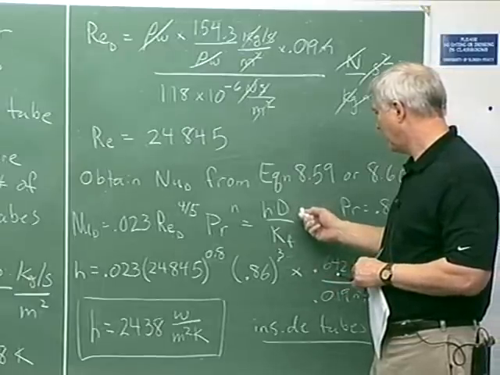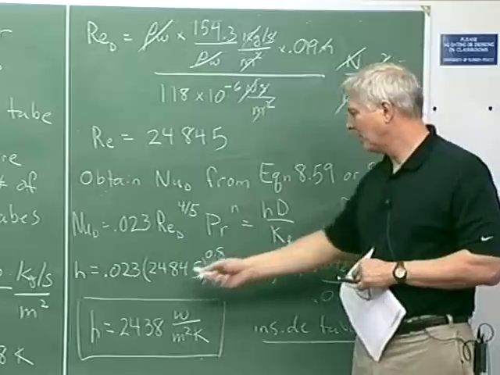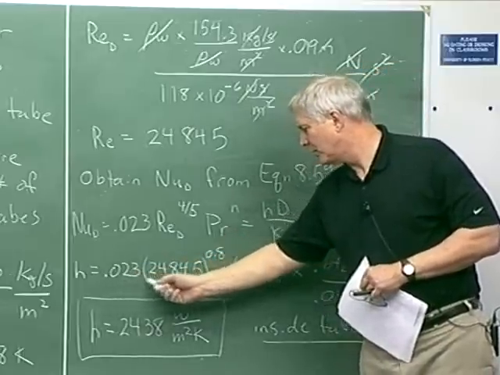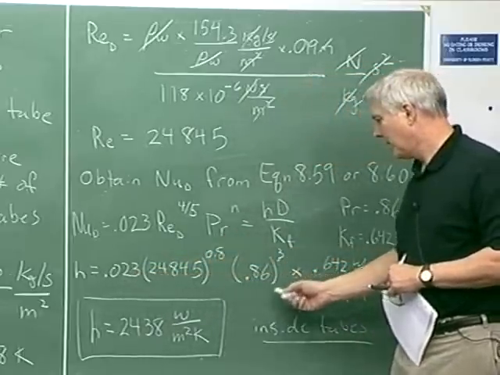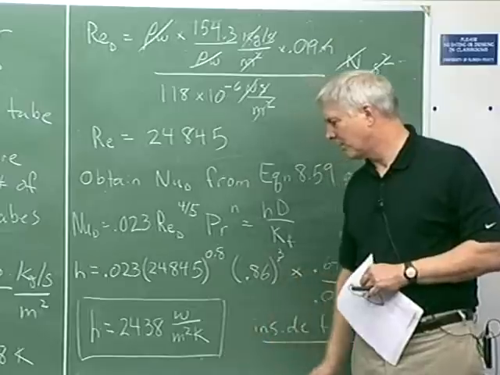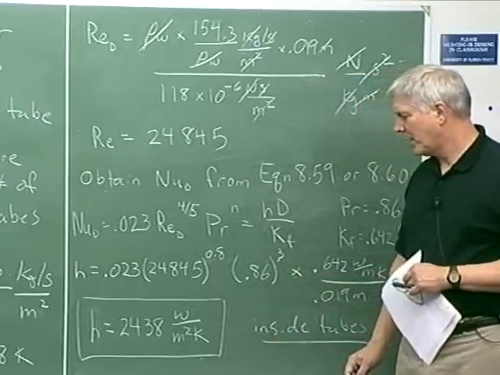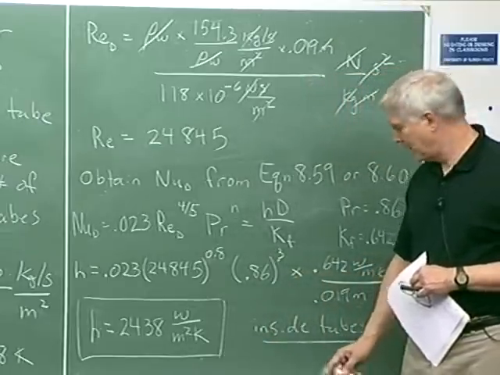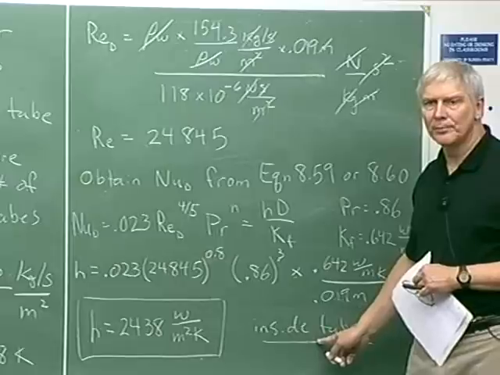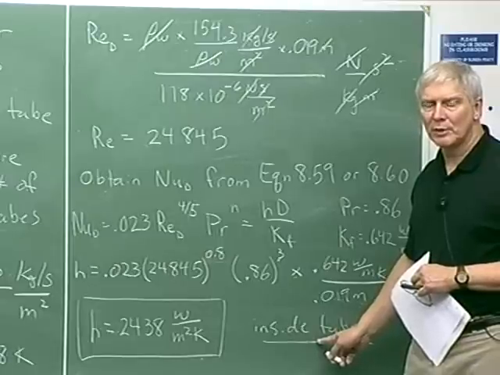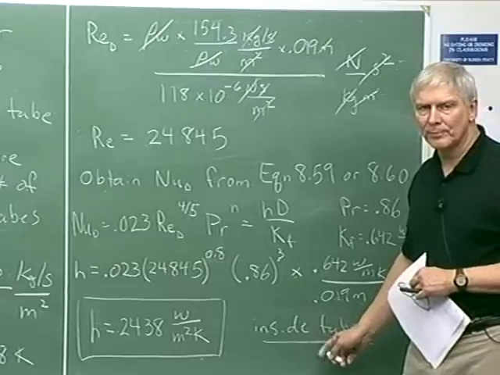Okay, and that's equal to HD over K. So we can calculate the heat transfer coefficient, plug that in, and we get the heat transfer coefficient ends up being 2438 watts per meter K, and that's inside the tube. And we'll use that in just a minute to calculate the overall heat transfer coefficient.